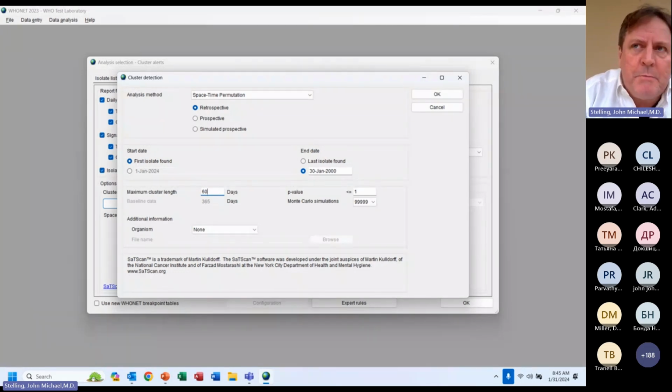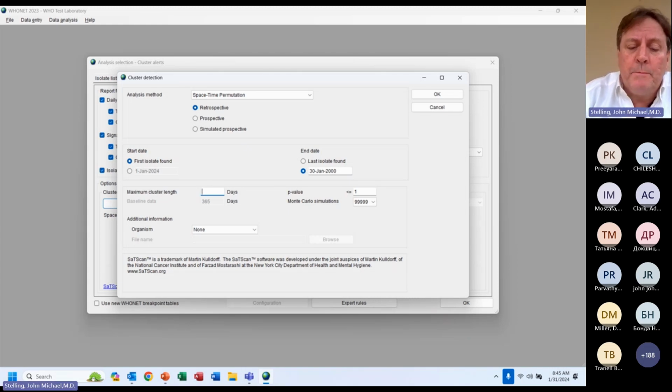In a hospital, the numbers are so small. In a normal month, there might be 3 or 4 or 5 people with Klebsiella pneumonia. And if you have a month with 7 people, it's a little bit higher than normal, but it's not very much higher. So you might want to take 2 months to decide whether or not you have a cluster. So SaTScan will look for clusters of length from 1 up until the number that you set here.